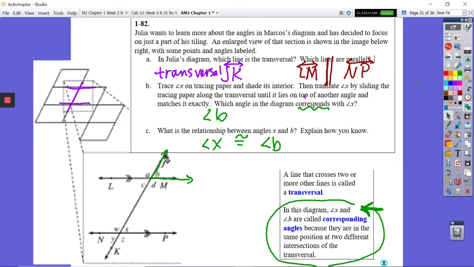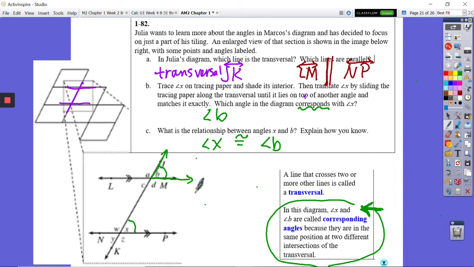Another pair of corresponding angles would be D and Z, along with A and W and C and X. So just kind of keep that in mind. I'm going to go ahead and mark the two we were talking about, X and B. Those are the two corresponding angles that I have in this picture. Okay, I know that they're congruent because I can translate, so I should write that down.